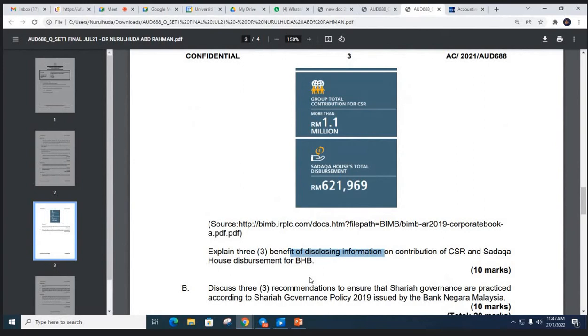Untuk menunjukkan bahawa dia protect in line with maqasid syariah, to show to the stakeholder that they preserve the relationship among with people, not only with Allah, okay, to ensure sufficient information for the stakeholder to make decision. Macam-macam lah. Tapi itulah, please read the question carefully.